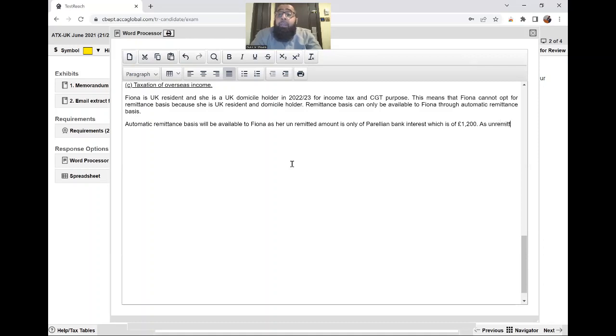As unremitted amount is less than 2,000 pounds, therefore automatic remittance basis will be available. Okay. Now, if you remember, in automatic remittance basis, there are no punishments. It's a normal remittance basis. So what did he ask?